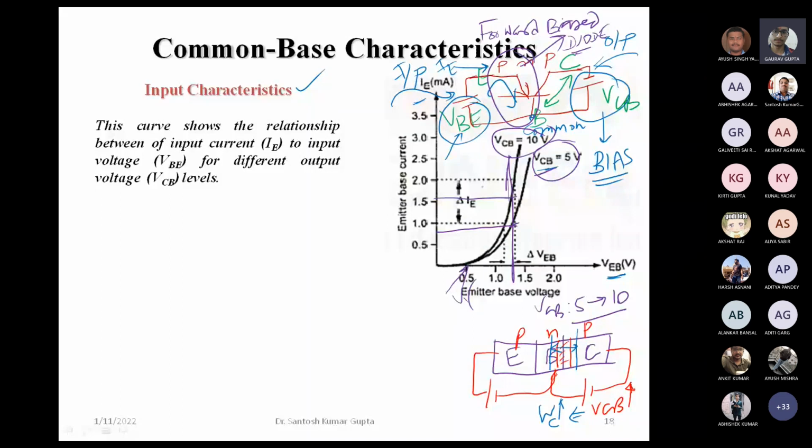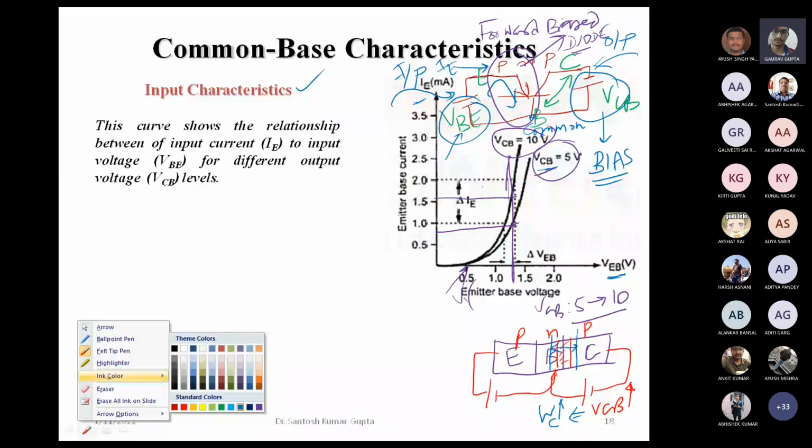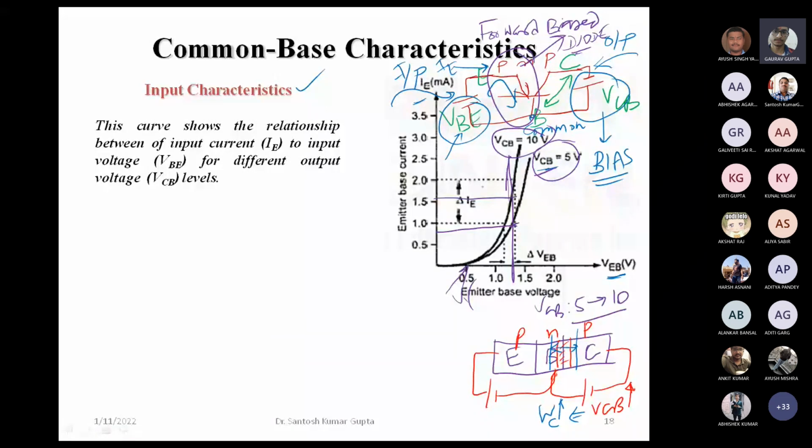Because of this, and we have also noted that the base is lightly doped compared to the collector, most of the depletion region penetrates inside the base. So if we look at the effective base width, then this is going to decrease. So the effective base width decreases.